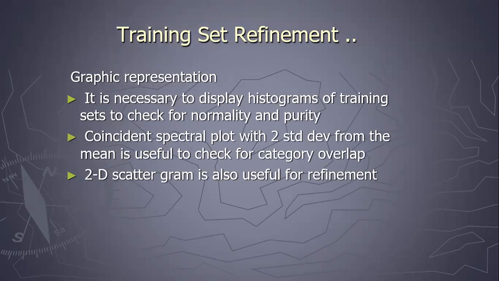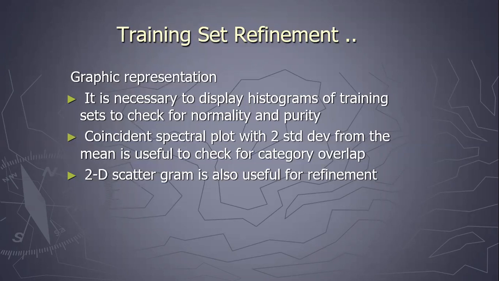Graphic representation: it is necessary to display histograms of training sets to check for normality and purity. A spectral plot with two standard deviations from the mean is useful to check for category overlap.